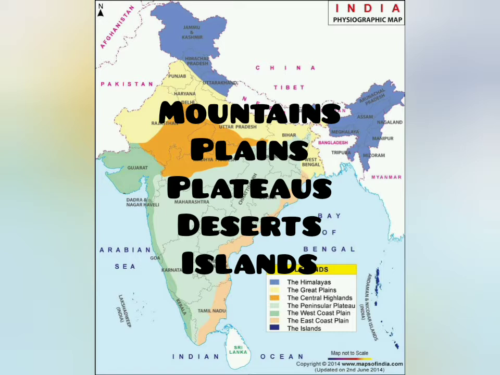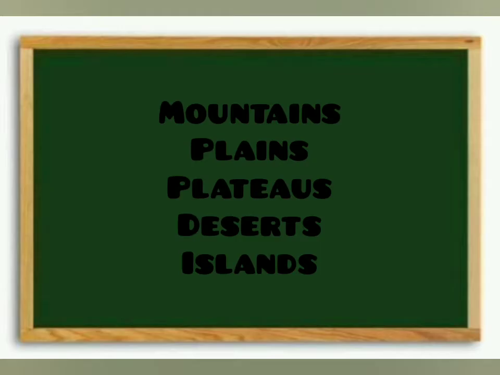Mainly, mountains are located in the northern parts of our country. The major Himalayas are located in the northern part. And in the northern part itself, we can see the large plains. And in the coastal areas also we can see plains.